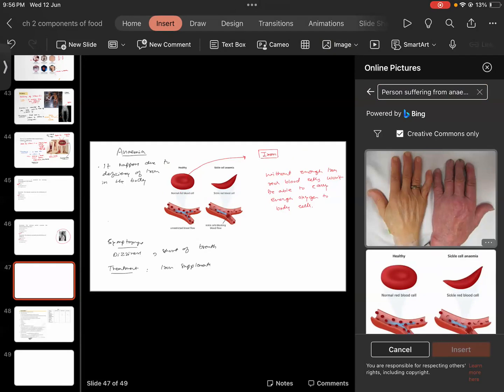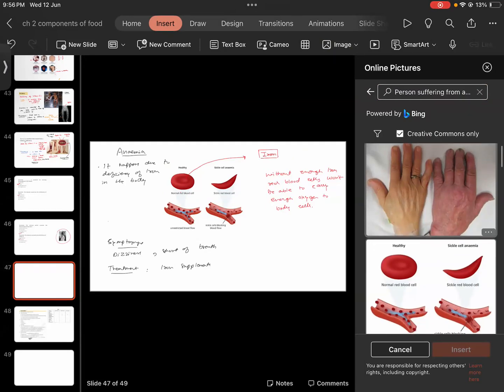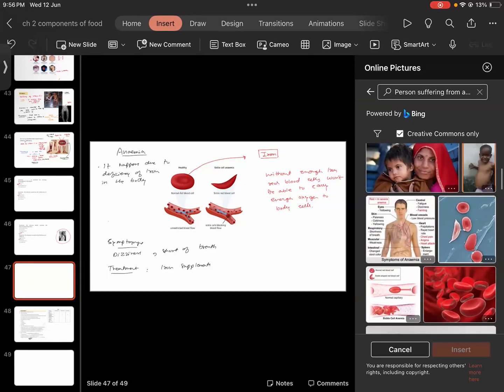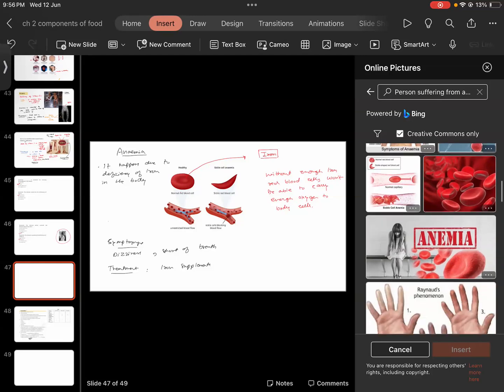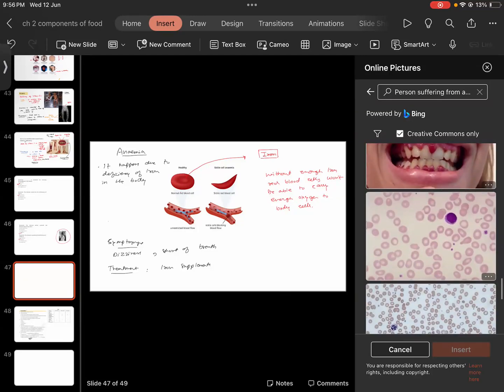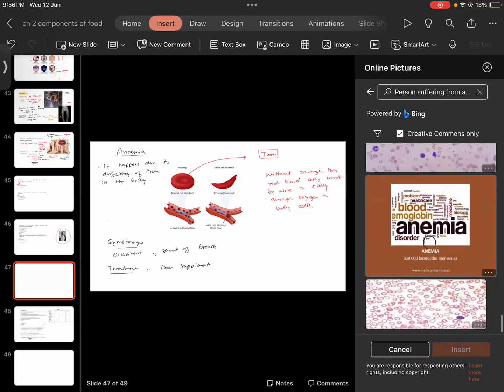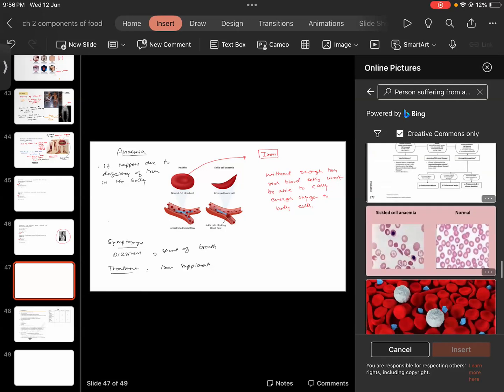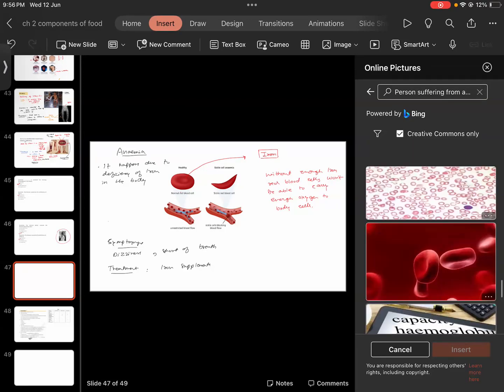Look at the skin of the person. That looks very pale. The first image, not the second one. That looks very pale. That is one of the major symptoms of anemia. Apart from that, the person would be suffering from shortness of breath.